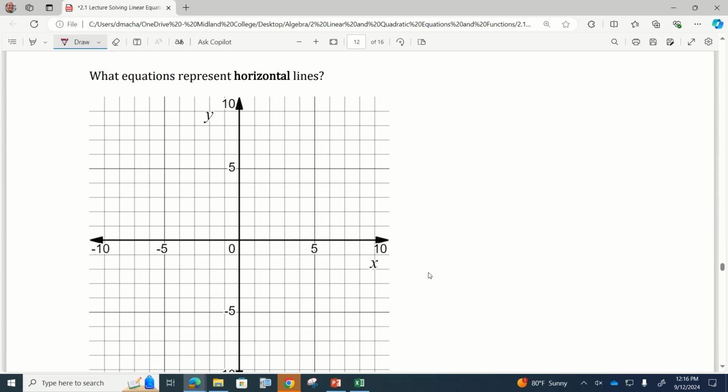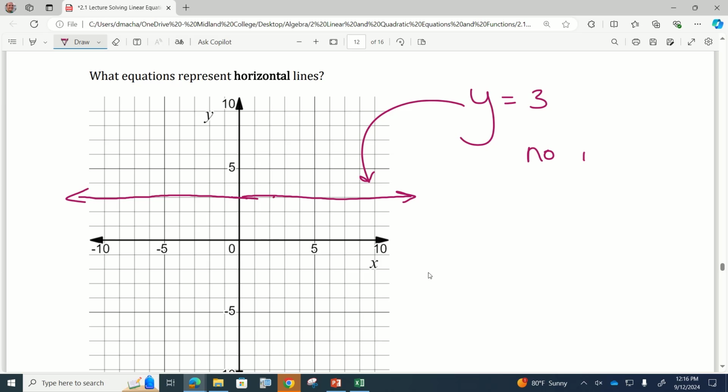What equations represent horizontal lines? If I tell you y equals 3, and that is the equation, that's telling you I don't care what x is.